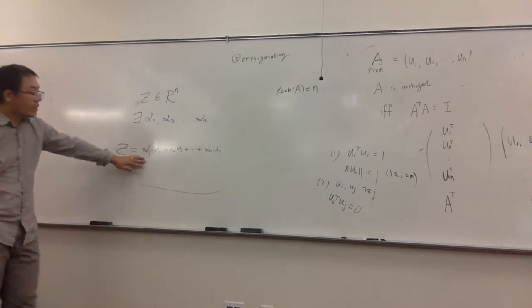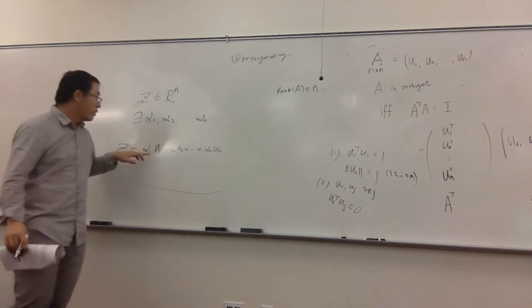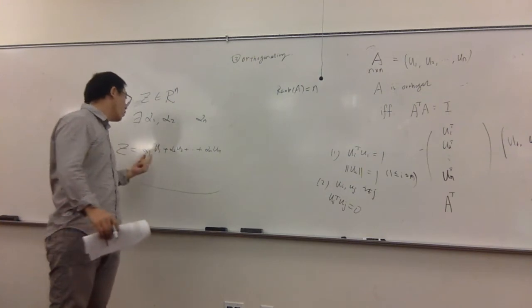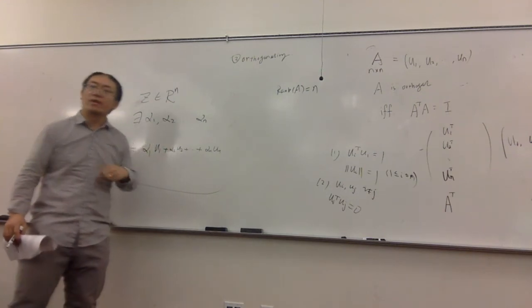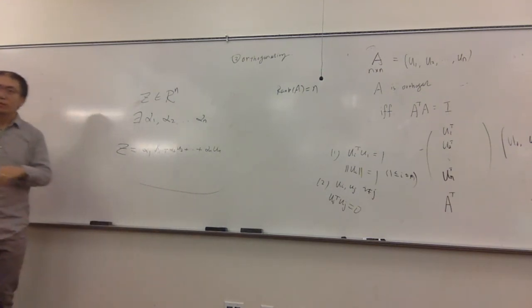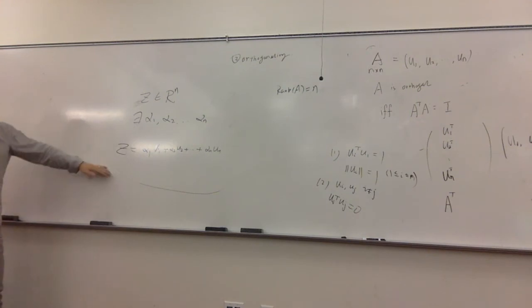And then the question is, can we find out what those coefficients are? Is there any way to find out? Any idea? You can use a system of equations. Yeah, this is a general method, right?